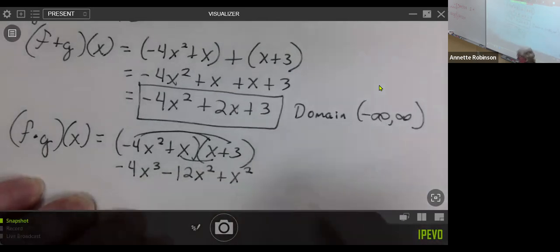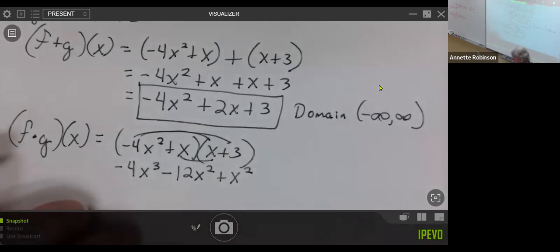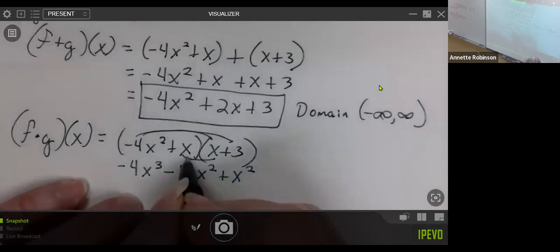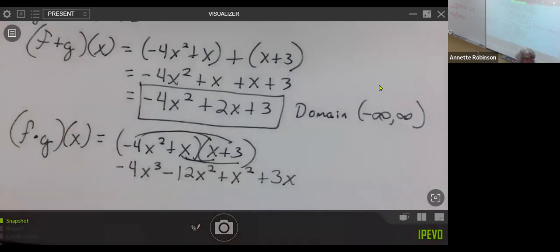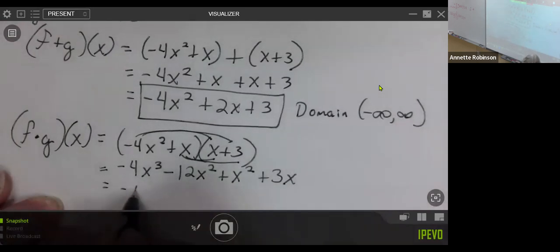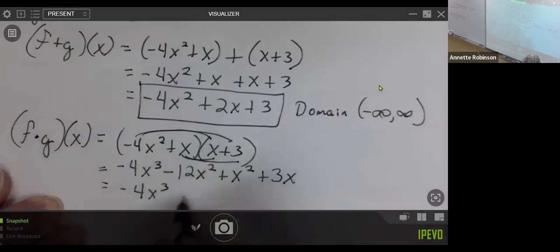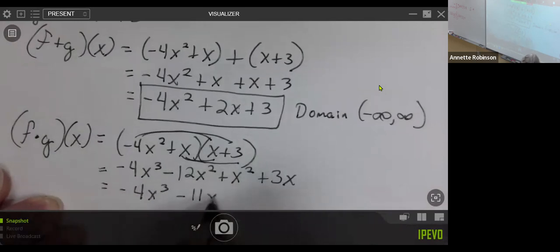I'm not adding x and x, I'm multiplying right now. And then x times 3 would be 3x. Y'all want to leave that as your answer? Because there's some cleaning up. How about negative 4x cubed minus 11x squared plus 3x?